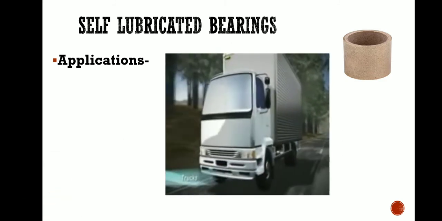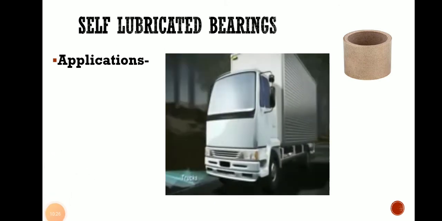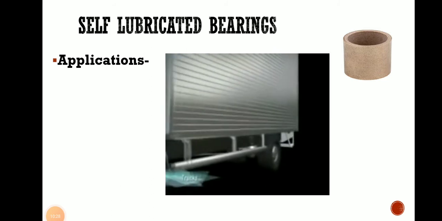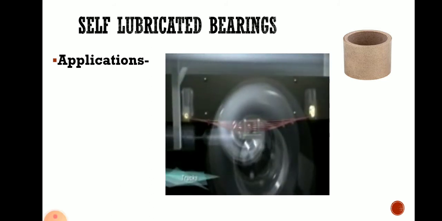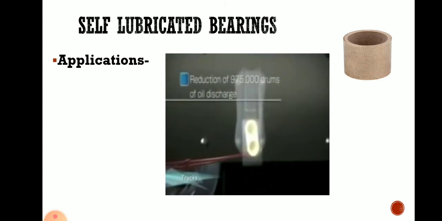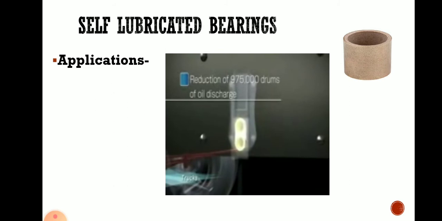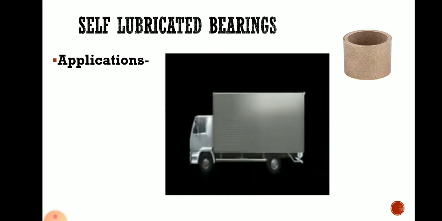In this truck also you can observe, in its rear axle as well as wherever the leaf spring is, it carries a self lubricated bearing.